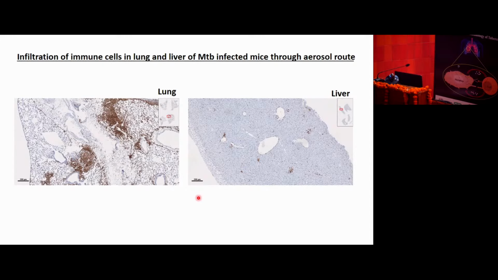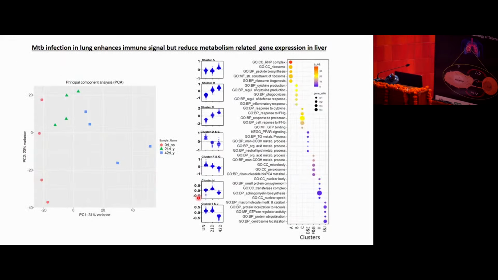However, when we look at the transcriptome, we do see that even though there are very few bacteria and very little infiltration, the infected liver transcriptome is different from the uninfected one, and it changes as the infection goes from 21 days to 42 days. Then we did a cluster analysis, and you can see uninfected, then 21 days, then 42 days.